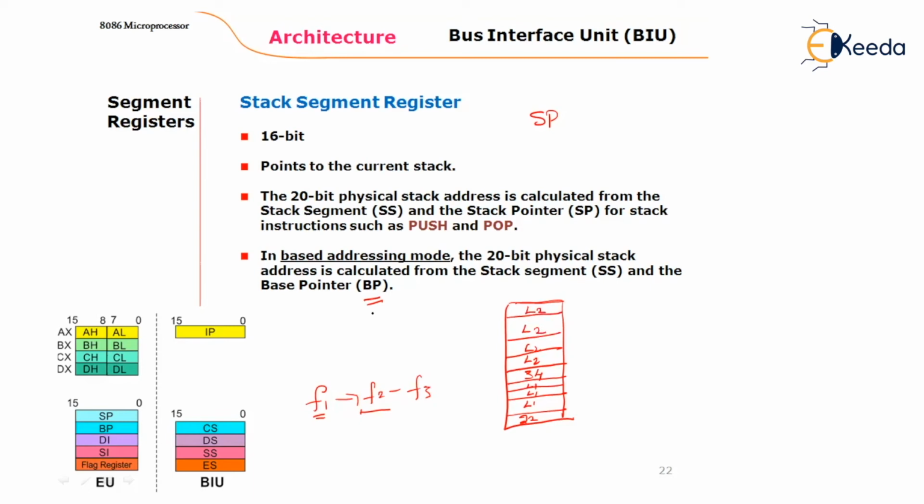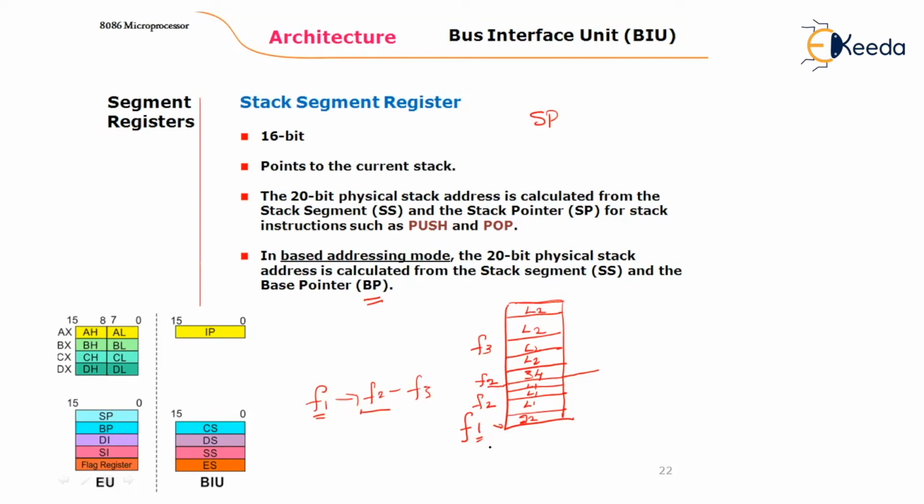Let us understand carefully. Here in our stack, there are two different segments. In this first segment, it corresponds to F1's return address and F2's local variables. Here, it corresponds to F2's return address and F3's local variables, right?